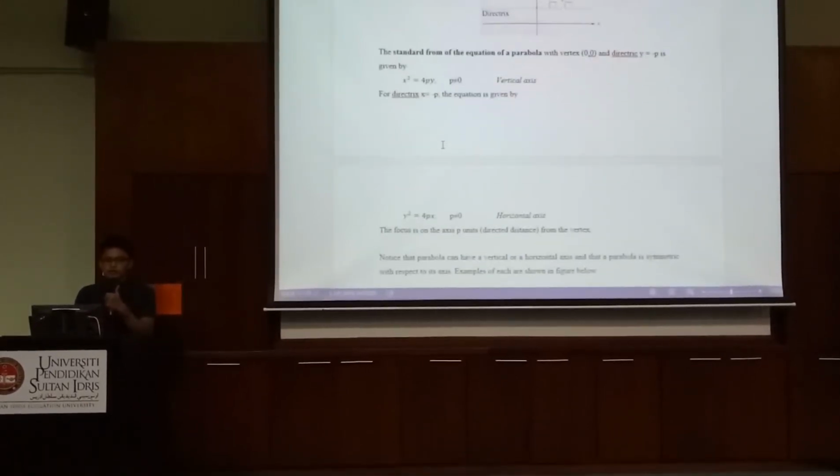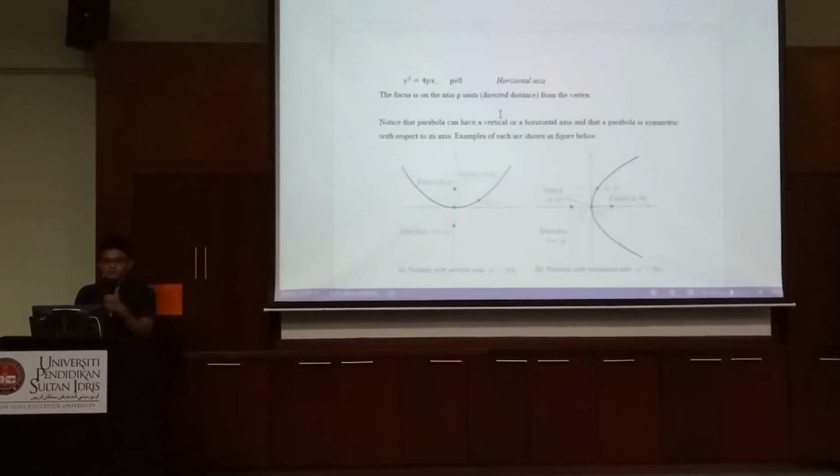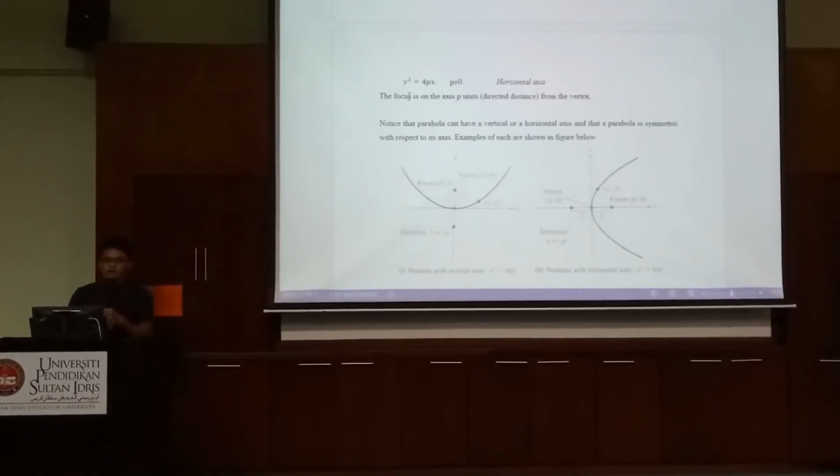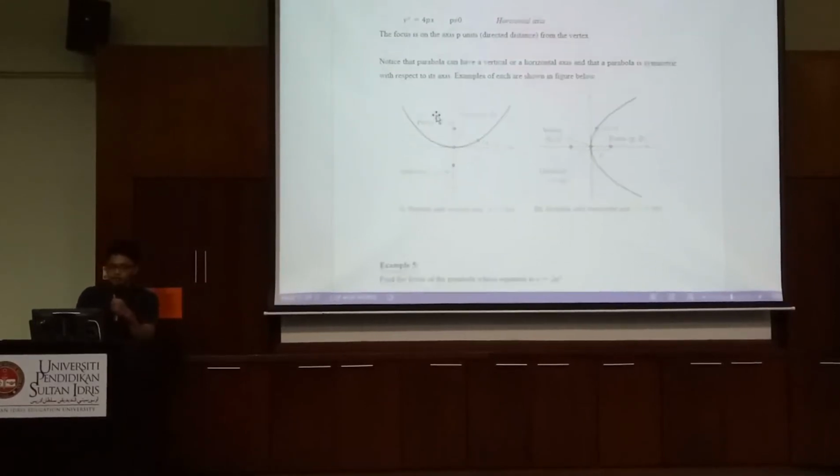Okay, for directrix x equal to -p, the equation is given by y squared equal to 4px, where p is not equal to 0. This is for horizontal axis. Okay, the focus is on the axis p units, which is directed distance from the vertex.